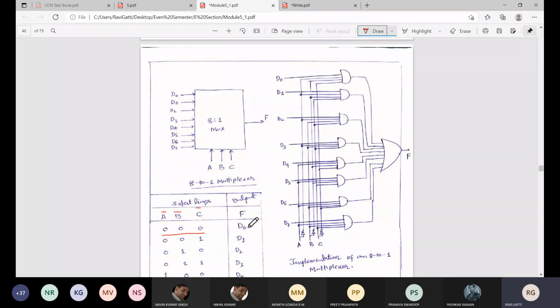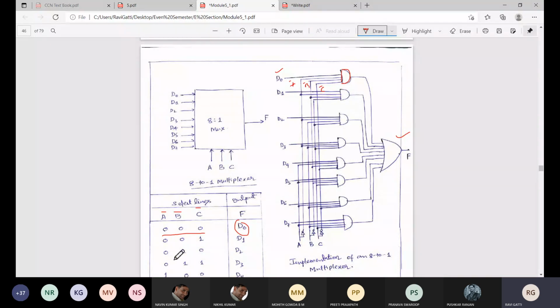Whatever input you want to feed, you feed it along with these: this is A bar, this is B bar, this is C bar, and this is the D naught input, and you give these to an AND gate. When A B C is 0 0 0, A bar, B bar, C bar will be 1 1 1. So depending upon the D naught value, you will get the output F.